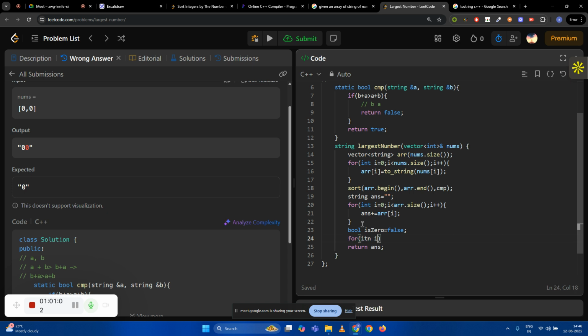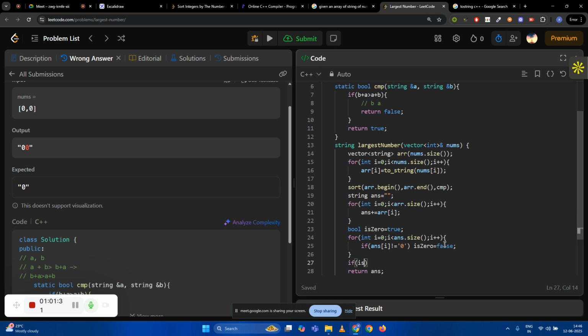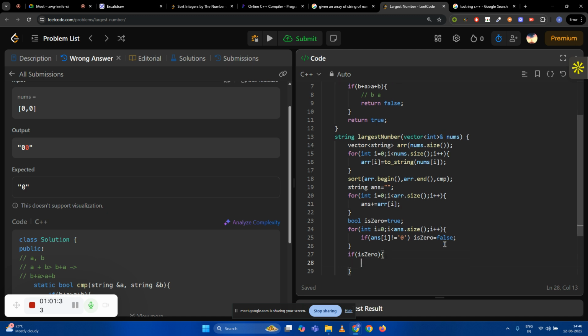I would go to all the characters of the string and check if all the characters are 0 or not. If answer of i is not equal to 0, is0 is false, otherwise is0 stays true. If is0 is true, it means all the characters are 0.